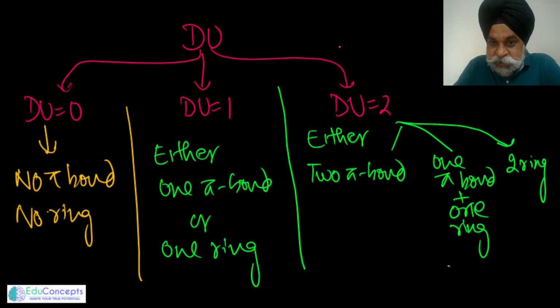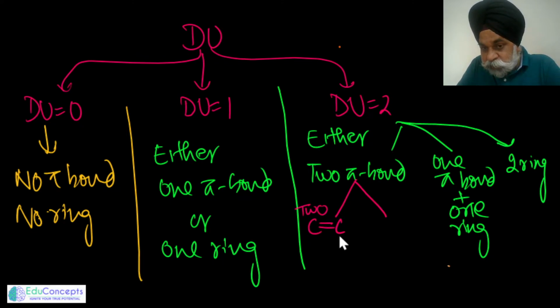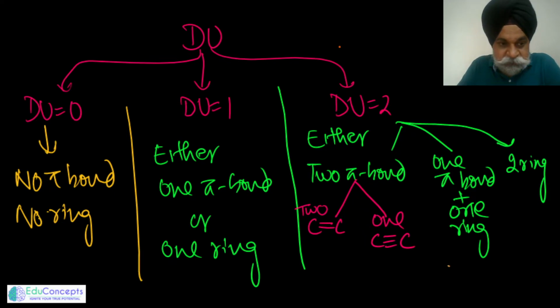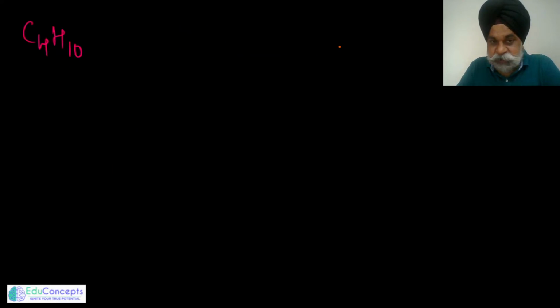Now, 2 pi bonds could be possible either as two C double bond C bonds or one C triple bond C, isn't it? When you have one triple bond, it has 2 pi bonds, or there are 2 double bonds. And 1 pi bond, 1 ring means there is 1 double bond and 1 ring, or 2 rings. So this way we have to explore it, because the video may go in length, but it is very interesting to explain the things.